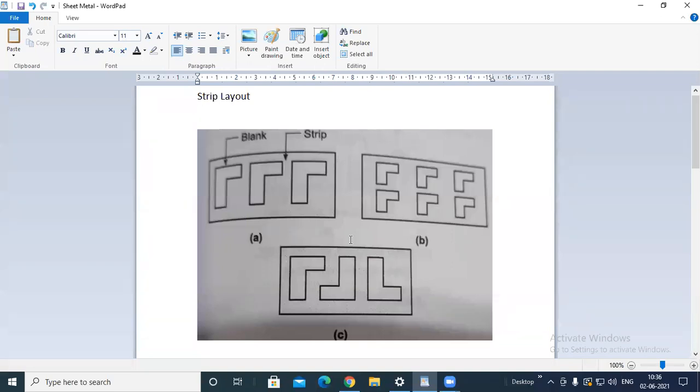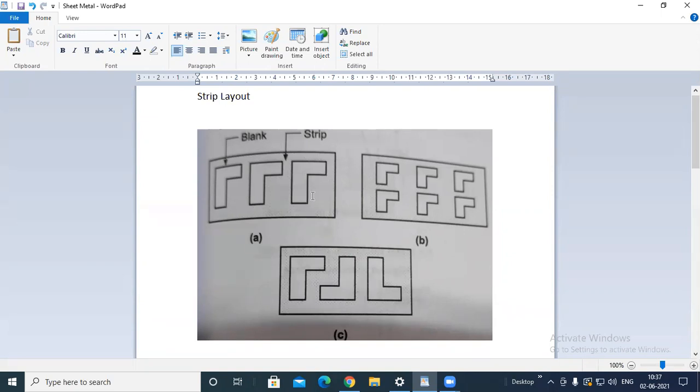And here one more important point is that the distance which the punch enters the work material to cause the rupture to take place is called penetration.